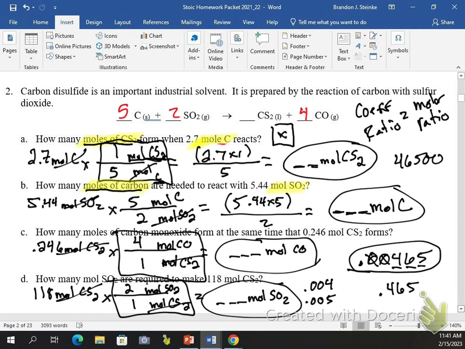Now, I told you that this was the new step for today, your stoic step, but yet there's more. What could we do to make it more? How would I make this a two-step stoichiometry question?